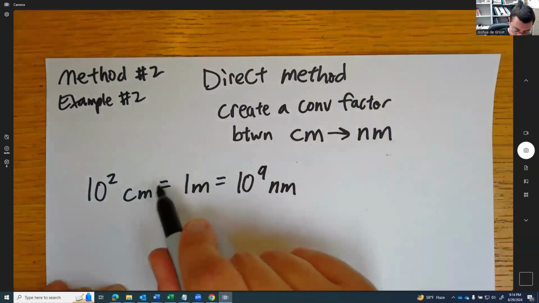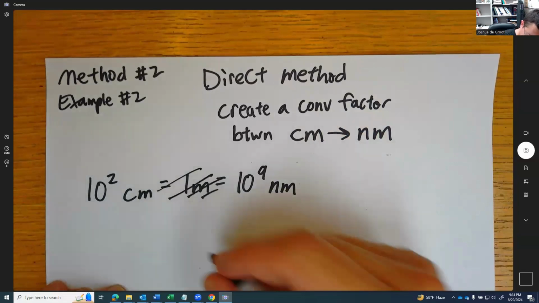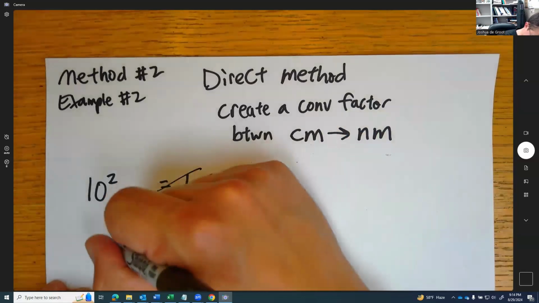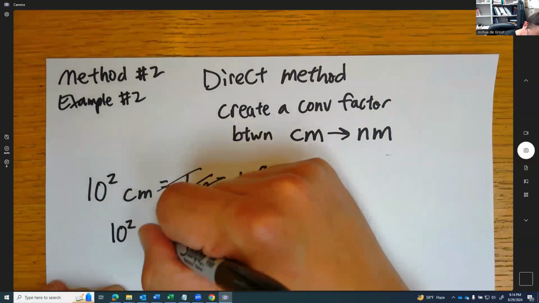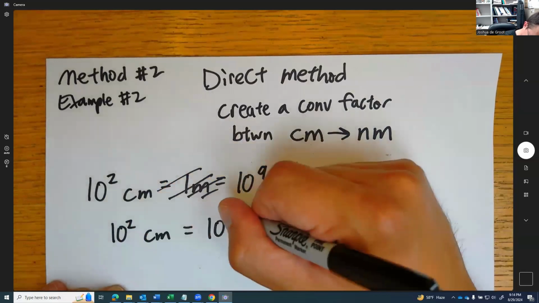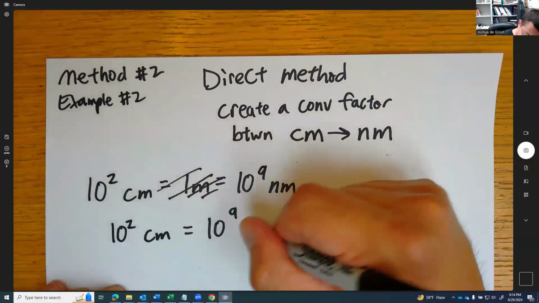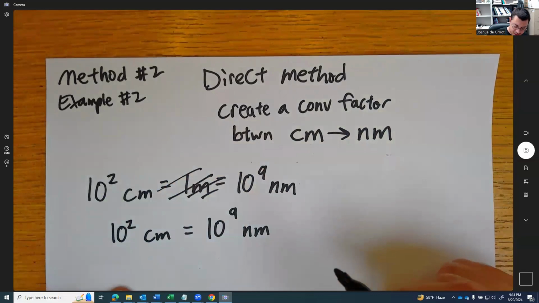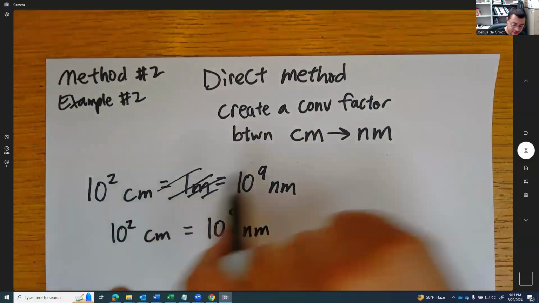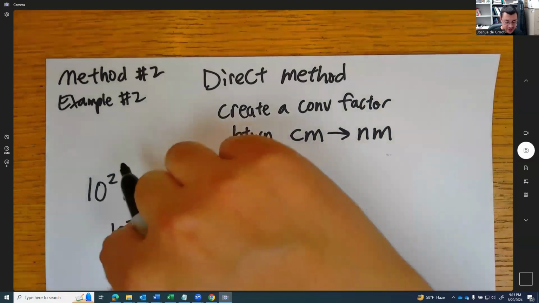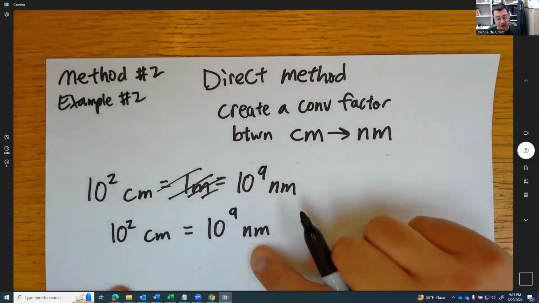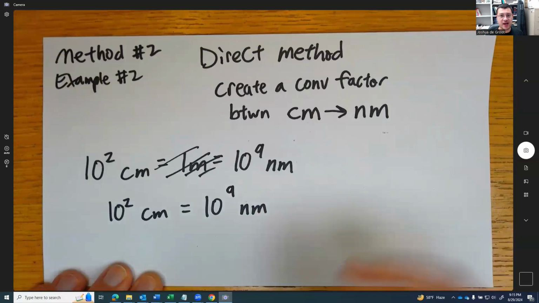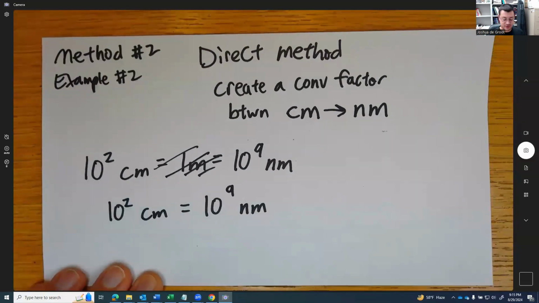We can cut out that part. And then we can get that. And then we could divide that into this side or the other way around. I'm going to divide this into that side. That way, I'm going to end up with a positive exponent. I just love positive exponents more.